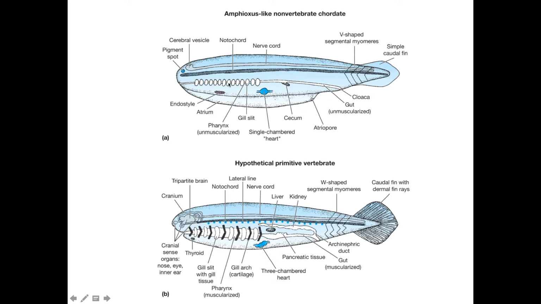That's different from the non-vertebrate chordates. They use their muscular pharynx to pump water over their gills for gas exchange rather than for filter feeding. And they've now developed a better pump, a 3-chambered heart, and a closed circulatory system to move gases around their more metabolically active tissues, which include powerful muscles in the tail. So the early vertebrates were likely to be active predators rather than passive filter feeders.